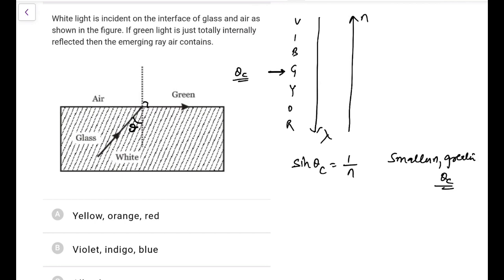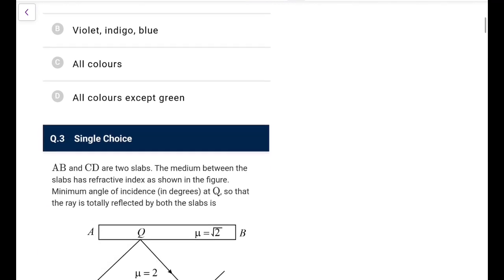So for violet, indigo and blue, this theta is definitely greater than theta c, so they would undergo TIR. The light that is escaping out will only contain yellow, orange and red, because for them refraction will still occur, and TIR will not happen.